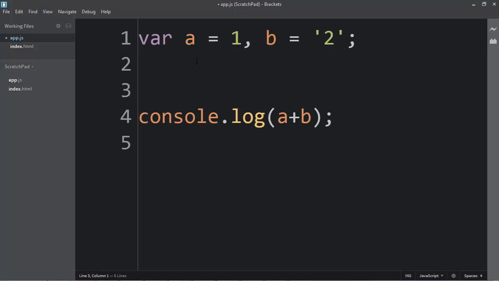But if there was a whole bunch of code in between these two lines, and this b was set somewhere else in the code, you could be really confused by the fact that that's returning 12. But we understand coercion, so we can track down what's really happening. And we also understand that operators are just functions, so they're running code.